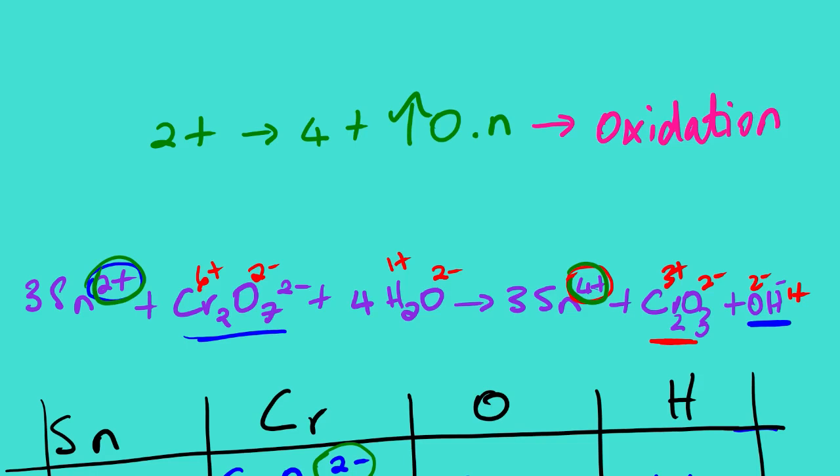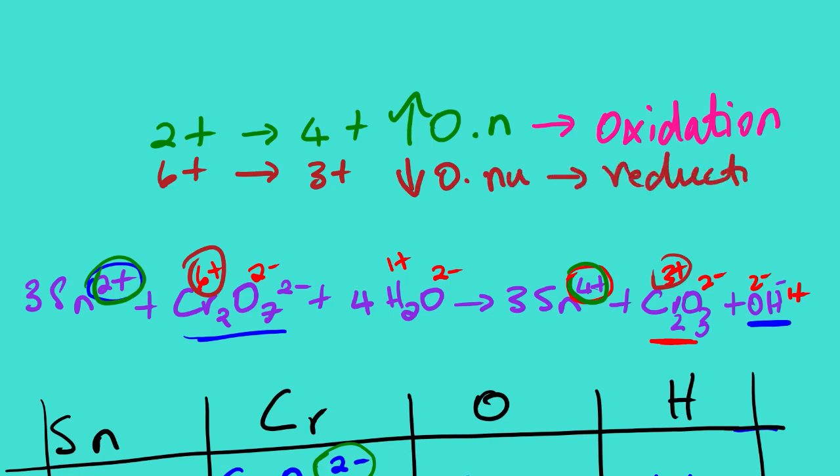We look at chromium from 6 plus. Looking at the products, we have 3 plus. You can see there's a decrease in oxidation number. Since that is the case, this one undergoes reduction. Then the other elements, you can see that the oxidation numbers did not change at all.